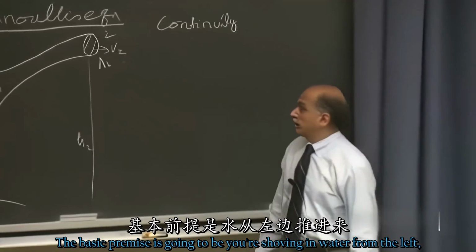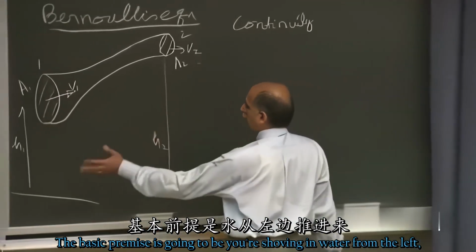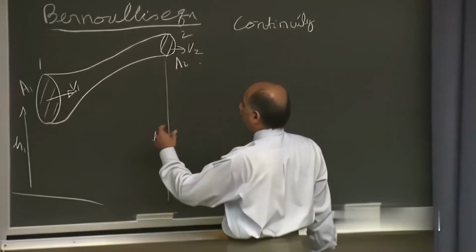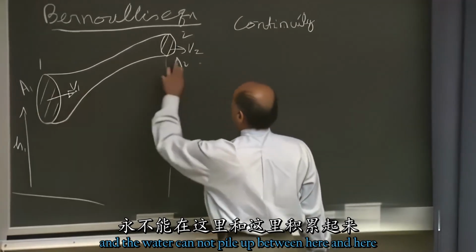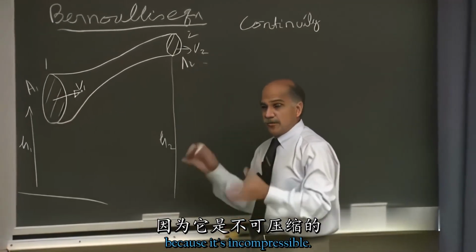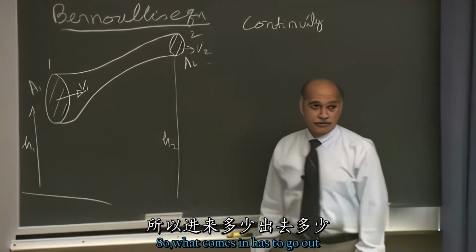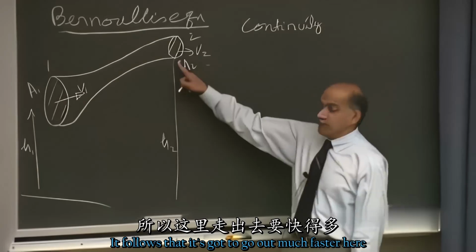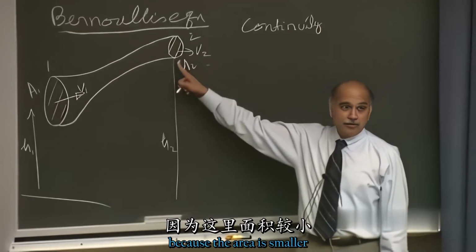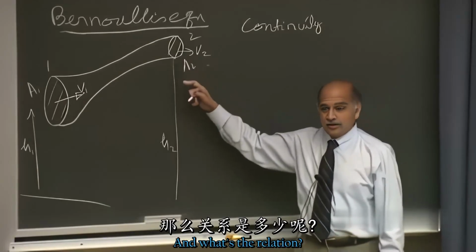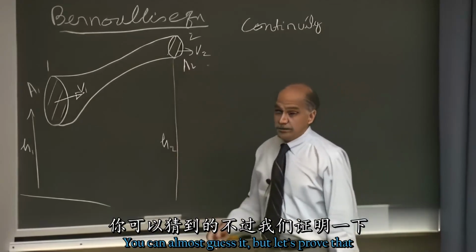The basic premise is you're shoving in water from the left, and the water cannot pile up between here and here because it's incompressible. That means in that volume, you can only pack in so much water. So what comes in has to go out. It follows that it's got to go out much faster here because the area is small. And what's the relation? You can almost guess it, but let's prove that.